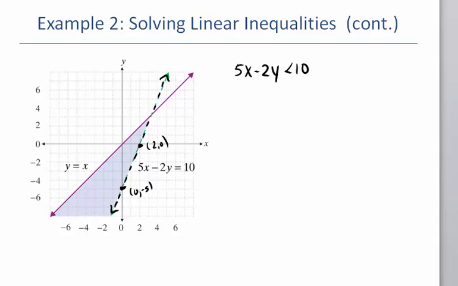For our other graph, which was y is less than or equal to x, we had the points 0, 0 and the point 3, 3. And we had said that would be a solid line because of the equal to.